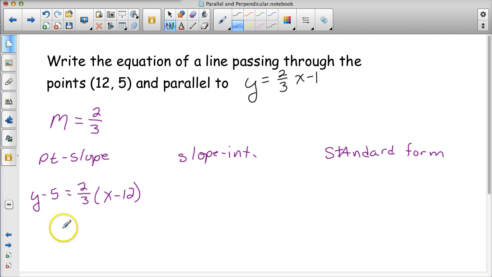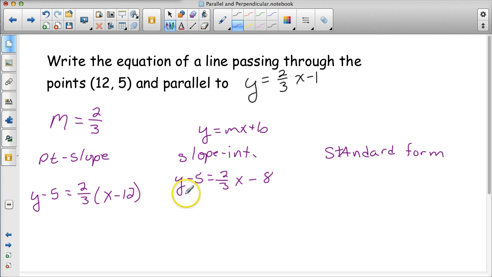The easiest way to do it is simply to rewrite my point-slope form in y equals mx plus b form. I can do that by distributing the 2/3. So I get y minus 5 equals 2/3 x minus 8, because 2/3 times -12 is -8.